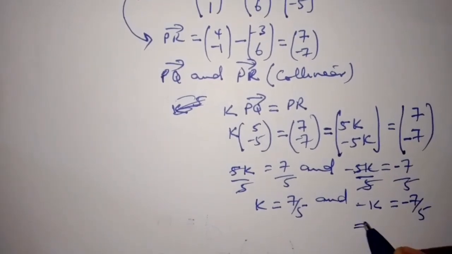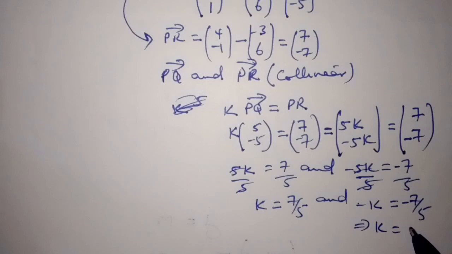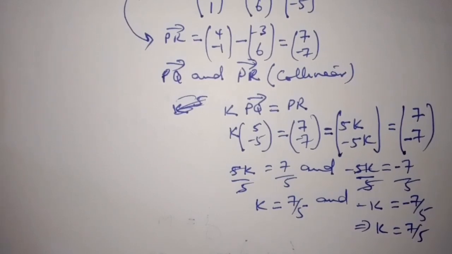This implies that K is equal to 7 over 5. So now our scalar is 7 over 5.